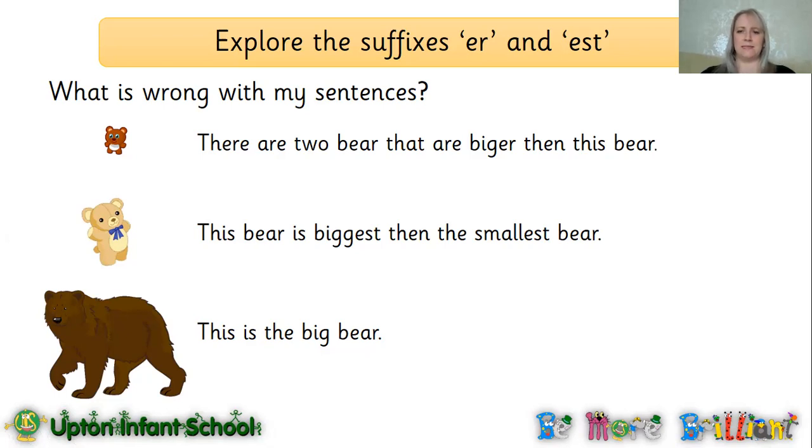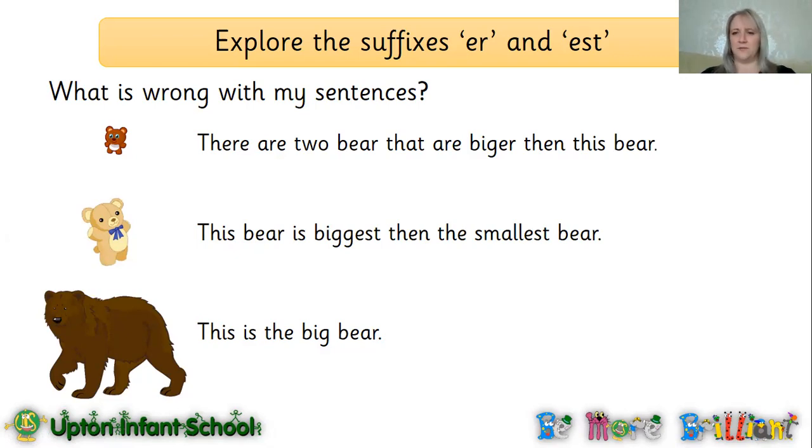The next sentence says, this bear is biggest than the smallest bear. Doesn't really make much sense, does it? I wonder if again you can have a pause and try and work out, what have I done wrong in my sentence? And finally, this is the big bear.